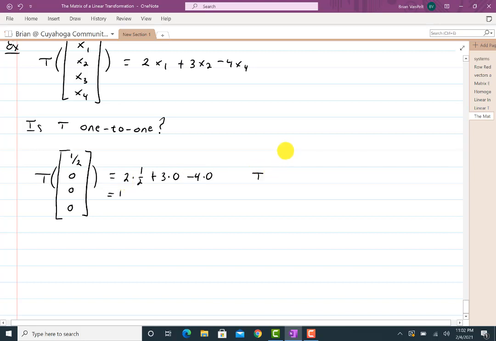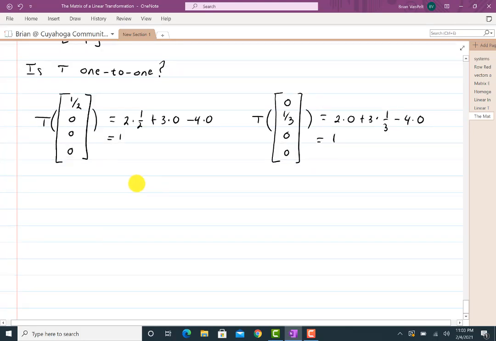On the other hand, T of 0, 1/3, 0, 0 equals 2 times 0 plus 3 times 1/3 minus 4 times 0, which also equals 1.